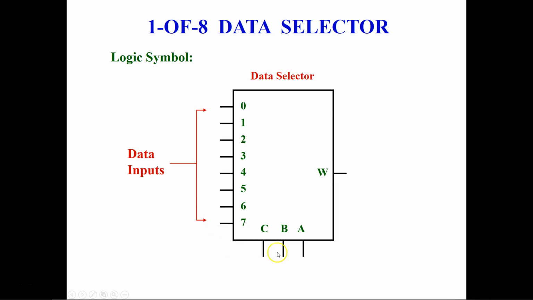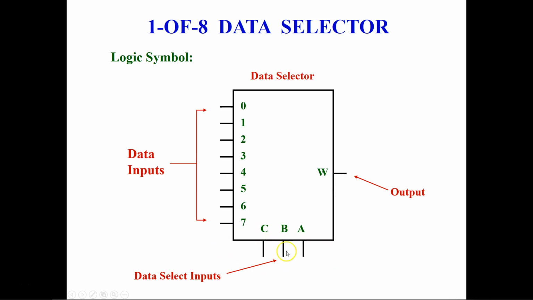And you notice that these are your three data selector inputs labeled A, B, and C at the bottom of the data selector, and the output of the data selector is labeled as W. So the basic job the data selector performs is transferring the data from a given data input 0 to 7 to the output. Which data input is selected is determined by which binary you place on the data selector input at the bottom.